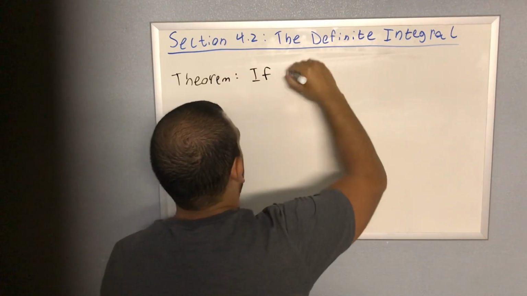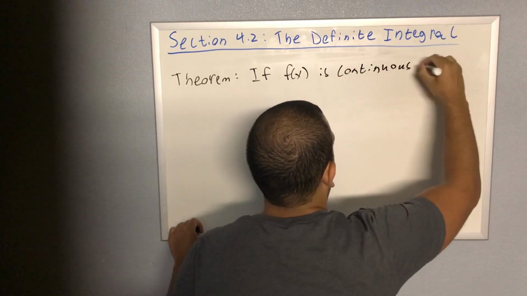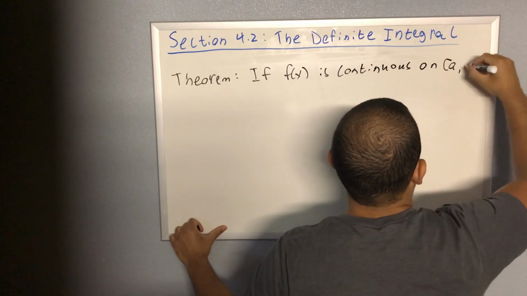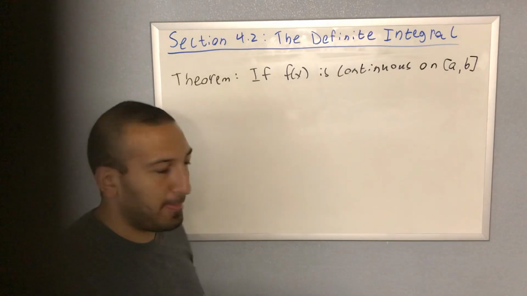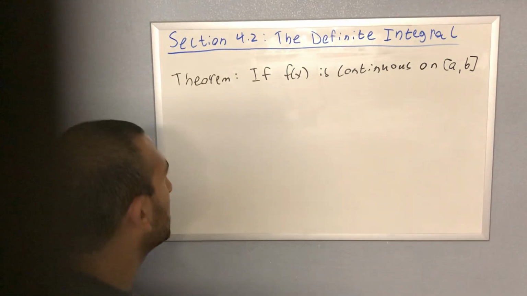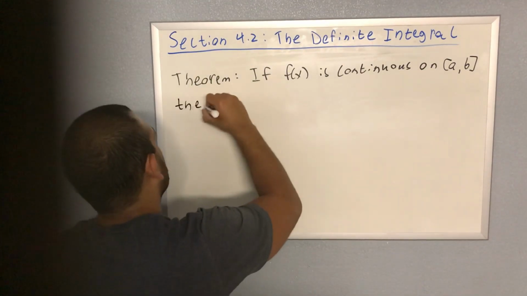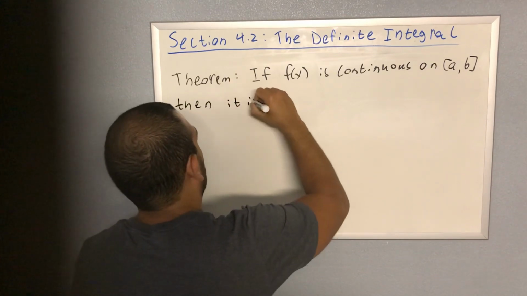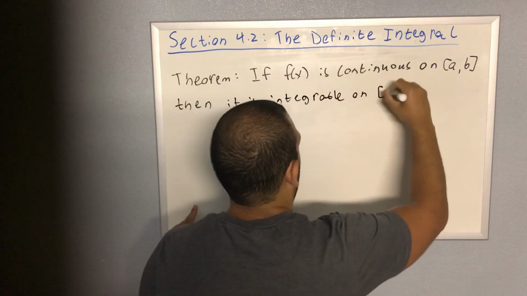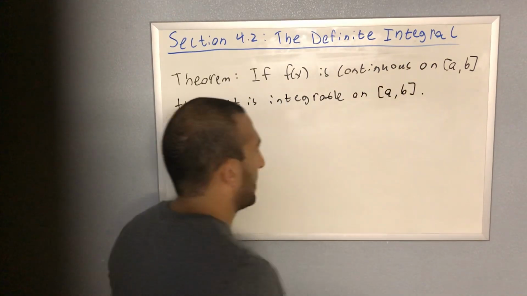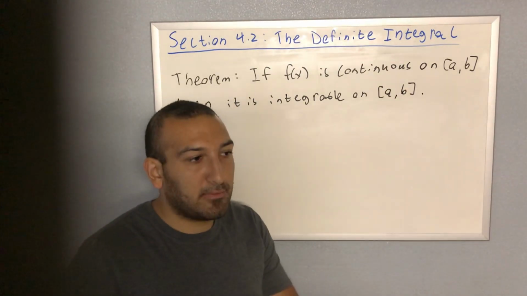If f of x is continuous on a to b, and remember continuity from Calc 1 way back when, if not, you can definitely brush up and ask me questions on this, then it is automatically integrable as well. So just like that, continuous implies integrable.